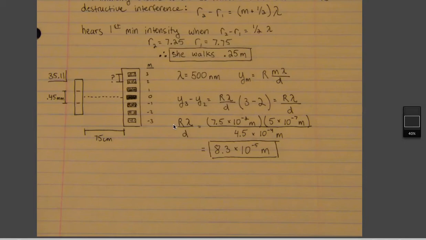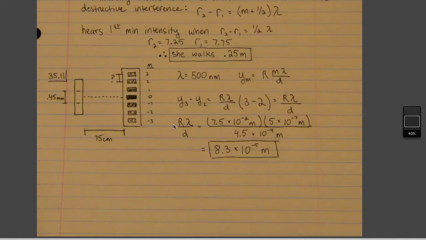The first one is taken from the textbook, problem 35.11, and I'll read it to you. This is taken from section 35.2, two-source interference of light.